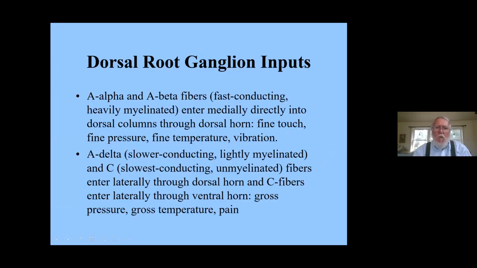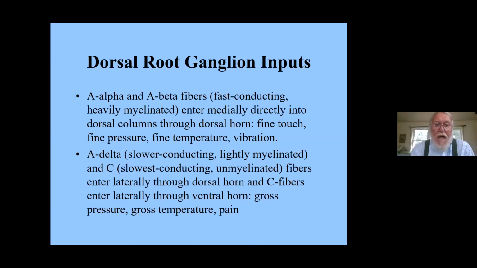So now, what are these DRG inputs and how can we divide them? Well, we can divide them into 2 general categories. And when I say these two categories, it's far more of one than another. It's not like every A alpha fiber does this, but the vast majority do that, and the A deltas and the Cs do that.